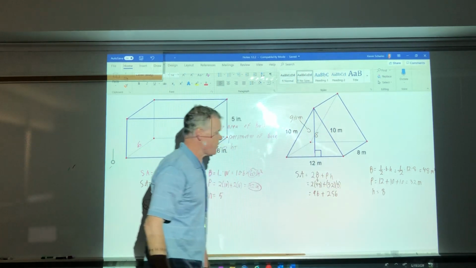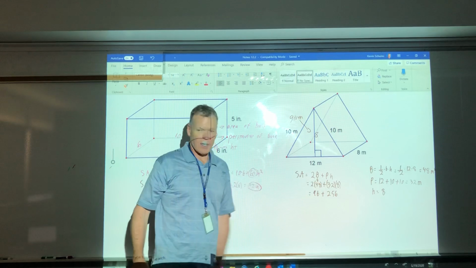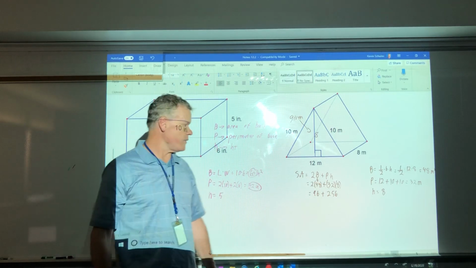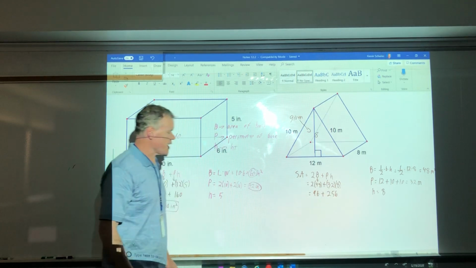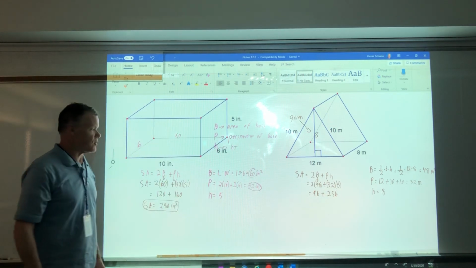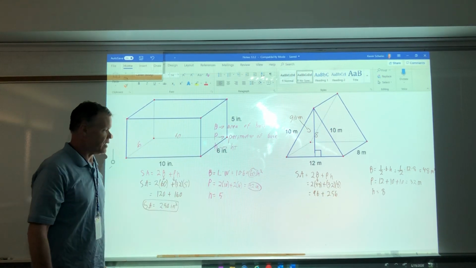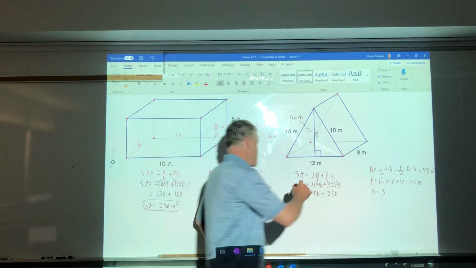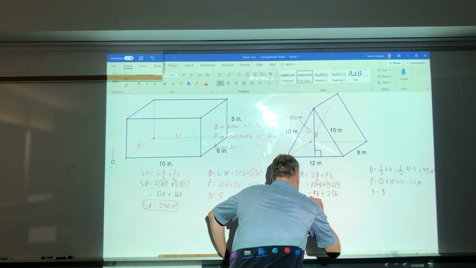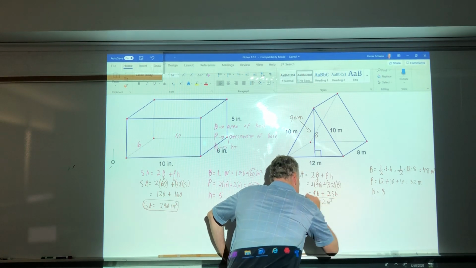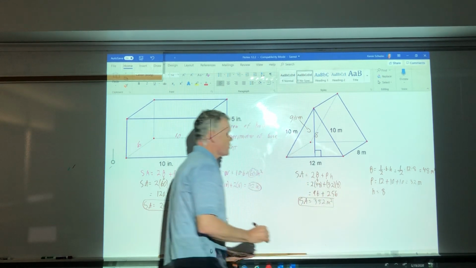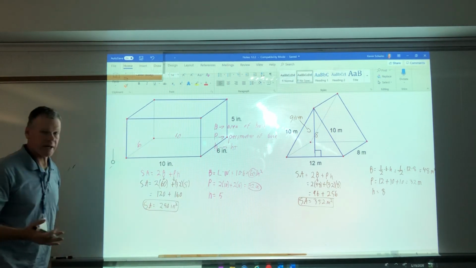I always say 32 times 8 is 30 times 8, or 3 times 8, 24, with the 0, 240, plus your 16 gives you 256. And then we're going to end up with a surface area of 352 square meters.